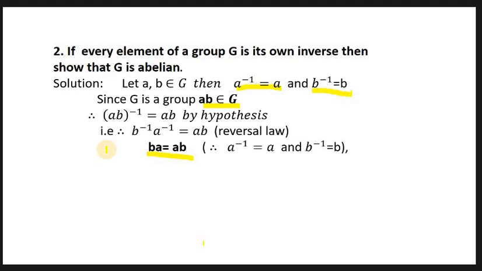This is nothing but the commutative law. Hence the given group G is an abelian group. See, if every element of G has its inverse as its own, then it is an abelian group.